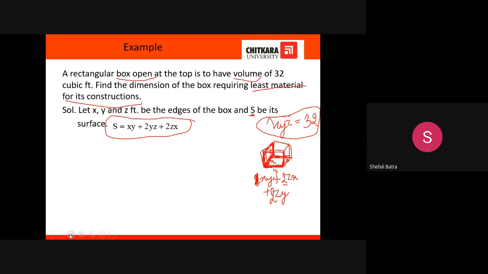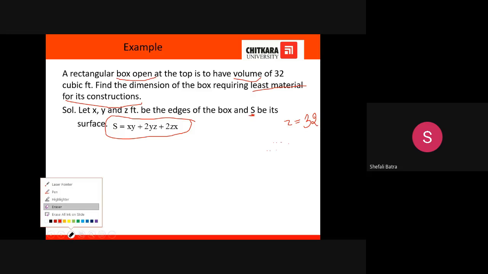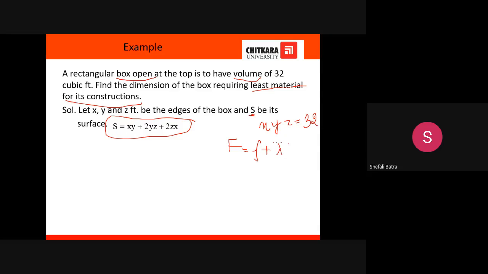Now you will tell me, I have told you, first thing you need to make a Lagrange function. And in the Lagrange function, we write two functions. One is small f and another is phi. Capital F is equal to small f plus lambda phi.